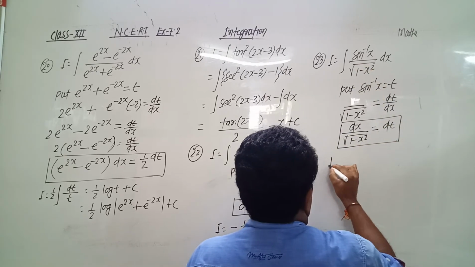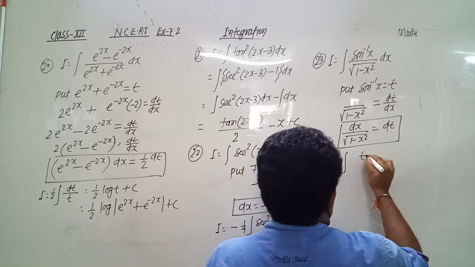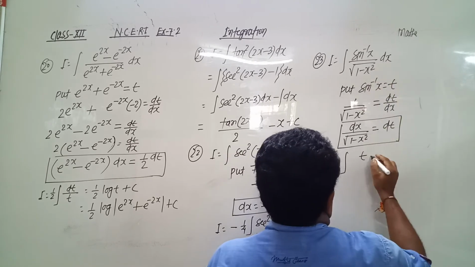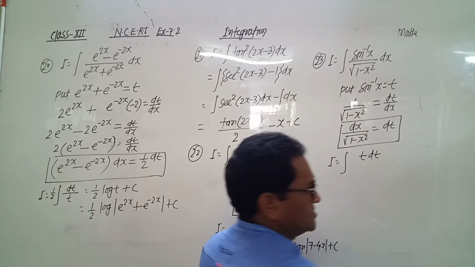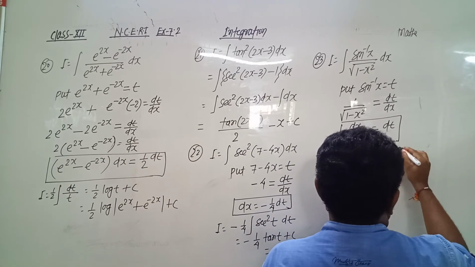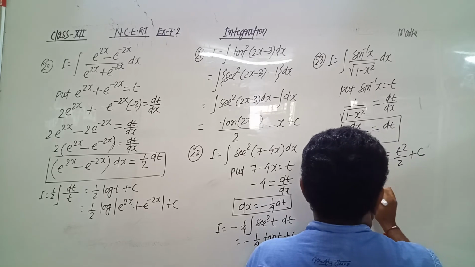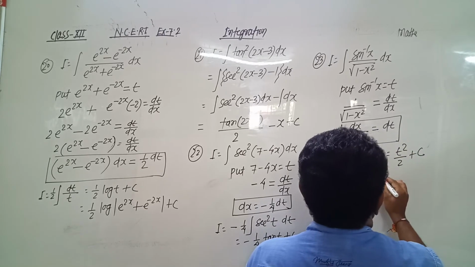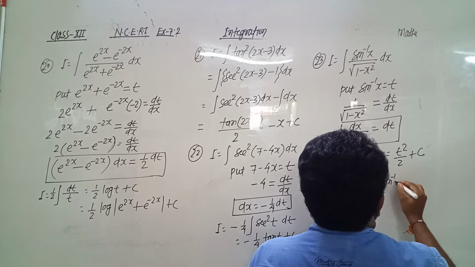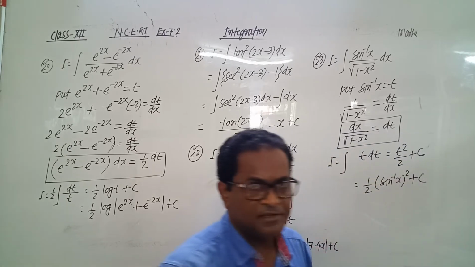Now put the values: I equals integration of t, with dx upon root 1 minus x square written as dt. So this is integration of t dt, which is t square by 2 plus c, which is 1 by 2 sin inverse x the whole square plus c. So this is the result.